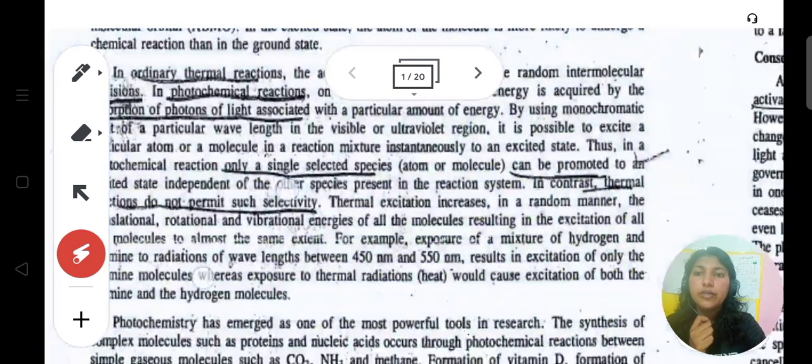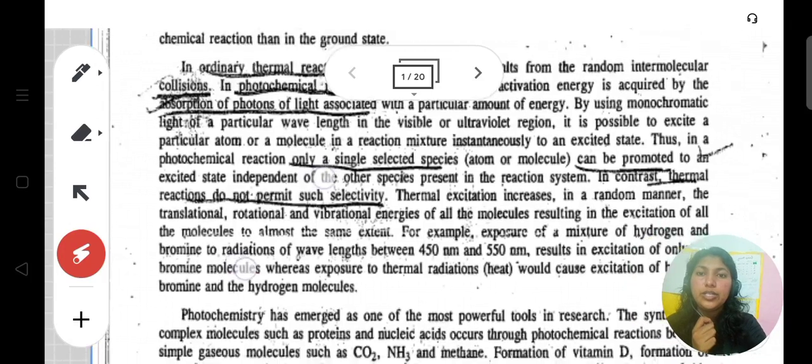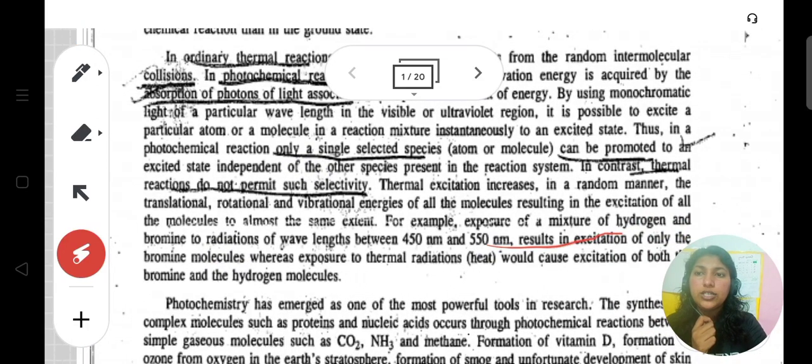So, for example, exposure of a mixture of hydrogen and bromine to radiations of wavelength between 415 to 550 nanometer causes excitation of only the bromine molecules. So that is a photochemical reaction, because we know that the range is near the UV and visible range.